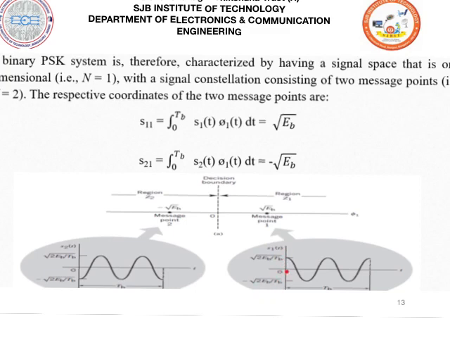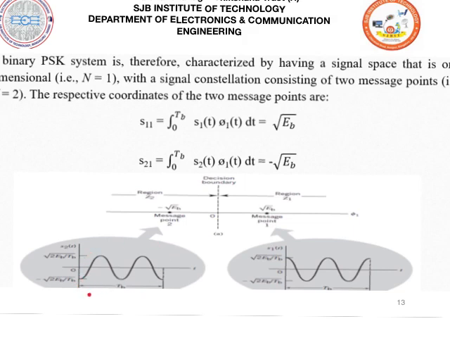For x1 of t, the waveform starts at the positive axis because it is square root of Eb, binary value 1, and there is no phase shift. But when I go to message point 2, that is binary value 0, there is a 180-degree phase shift. It has to start in the negative region, so it starts from minus square root of 2Eb by Tb.